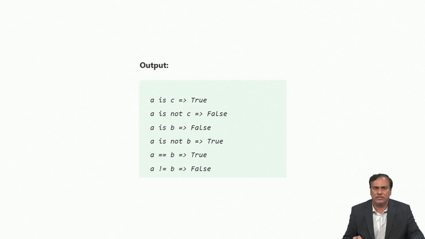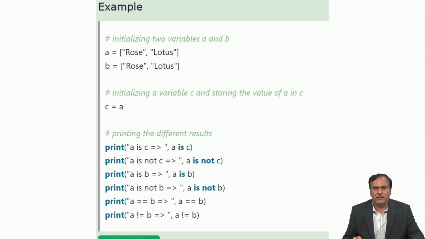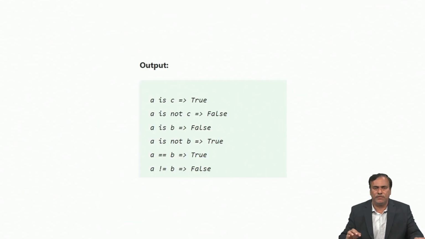That is the reason A is B is false. So A is B is false means definitely A is not B is true. And then A equals B, you know they are two lists having the same values, therefore it is going to return the boolean value true, and A not equals B is going to return false.